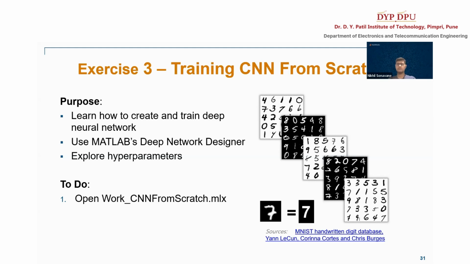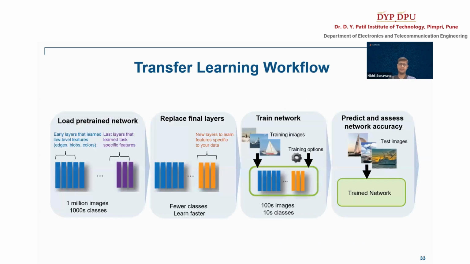That is what we call transfer learning. We load a pre-trained network, replace some final layers, and then train the network for our use case or our dataset, and then use it for our specific application.